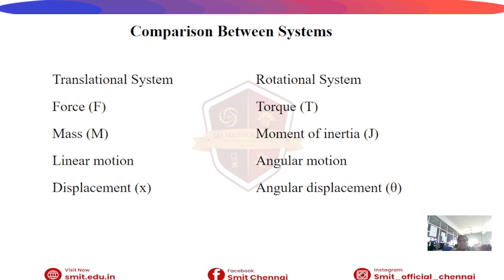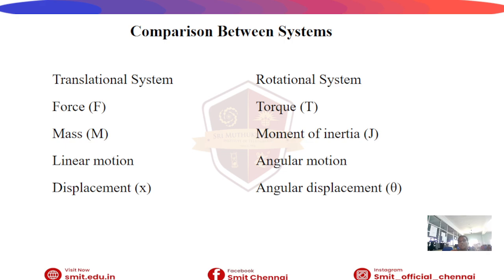Comparison between translational and rotational systems. Input-wise, force is the input in the translational system, and torque is the input in the rotational system. Components: mass, denoted as M, in the translational system, and moment of inertia, denoted as J, in the rotational system.